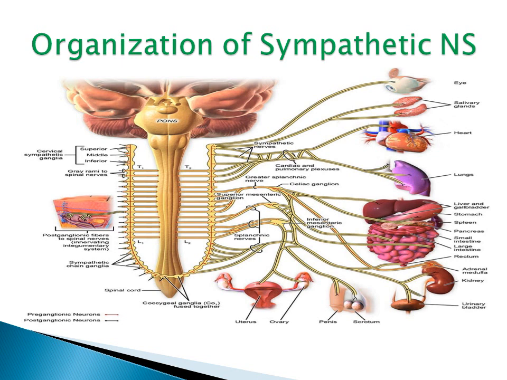The fibers arising from here are known as preganglionic fibers. The preganglionic fibers leave the spinal cord through the anterior nerve root and white rami communicantes and terminate on the postganglionic neurons, which are situated in the sympathetic ganglia.